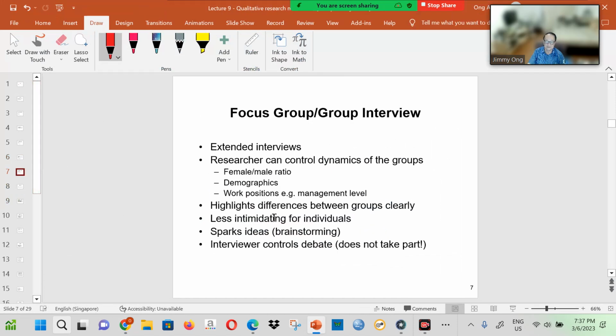focus group. Focus groups are another thing. This one just describes the focus group to you. So in case you need to describe a focus group, a focus group is kind of like this. It's a kind of extensive interview. Researchers can control all these, and highlight the difference between groups clearly. Maybe a little bit less sensitive, so you may not be so intimidating or humiliating or something like that.